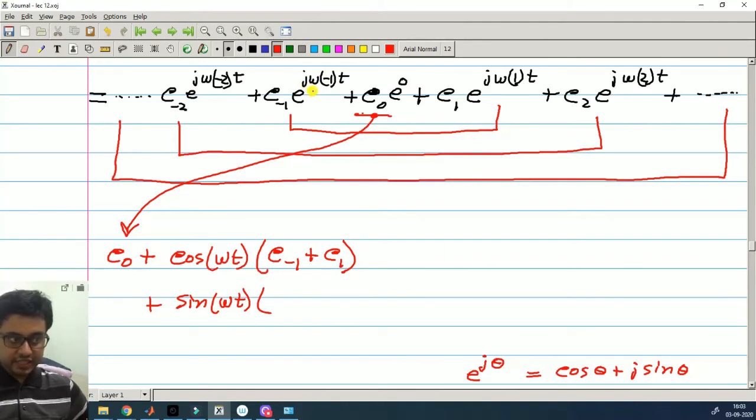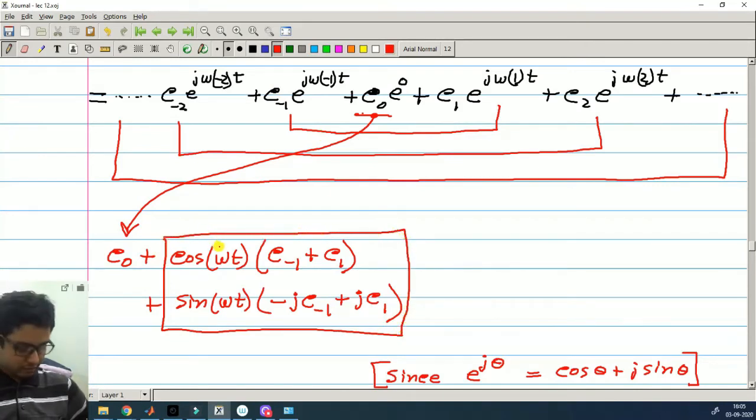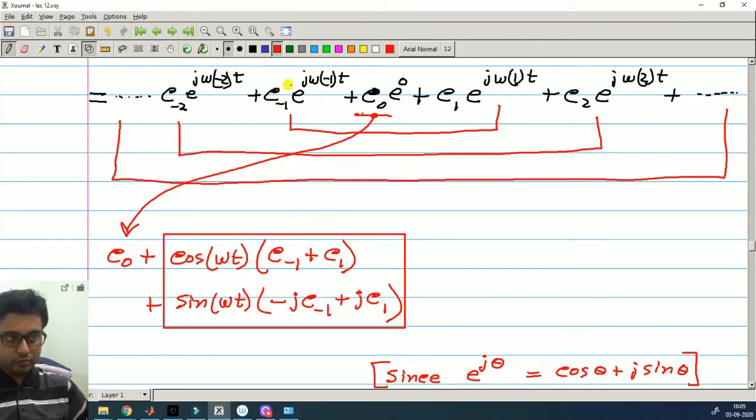Sine minus theta is minus sine theta, so minus j c1, c minus 1, and from here we will have a plus j c1. So these two terms we are getting from this and this term, that means from here.